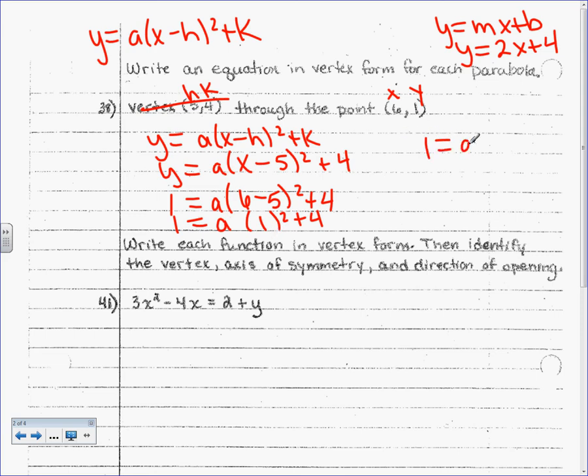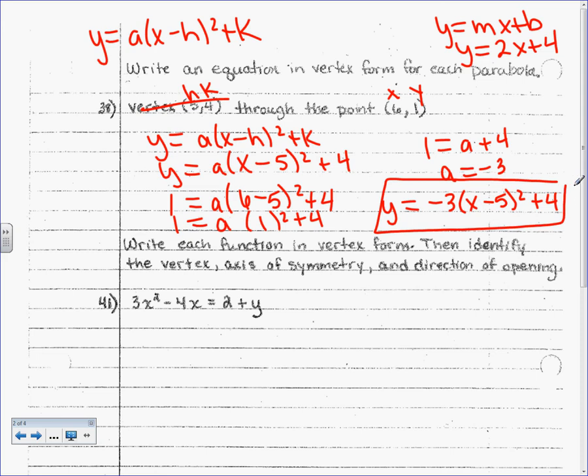So I have 1 equals A plus 4. So what's A? There you go. Is that okay? So our final answer is y equals -3 x minus 5 squared plus 4. The only thing that was left was the x and the y. Did you guys get that?